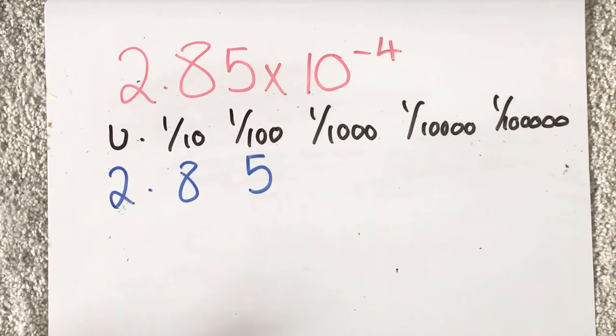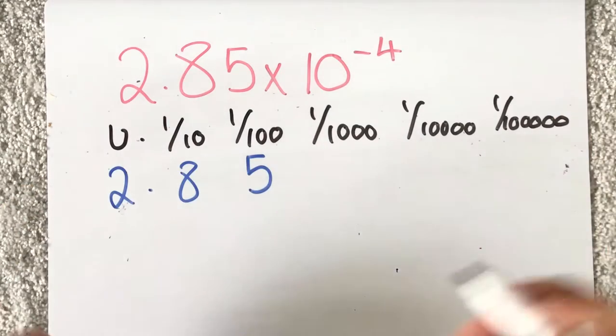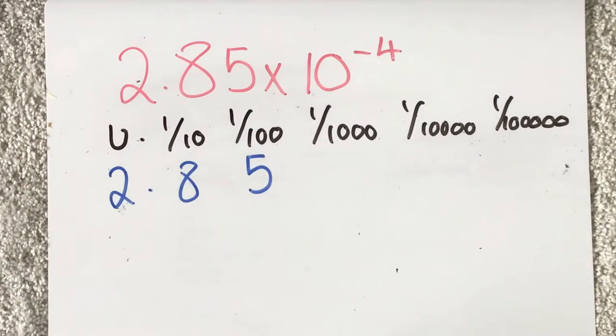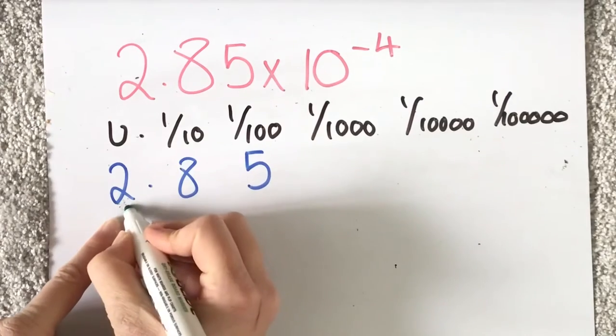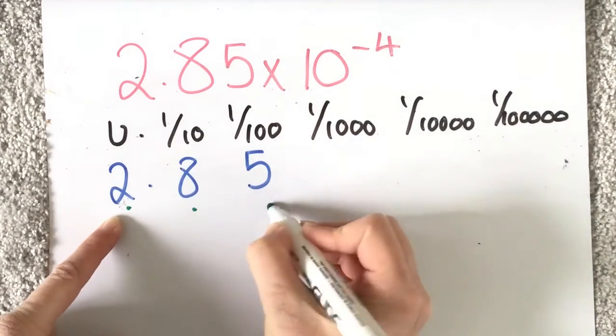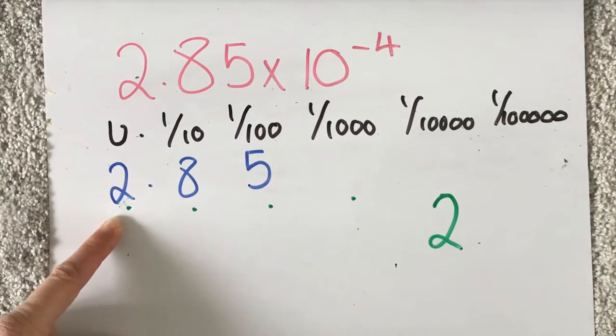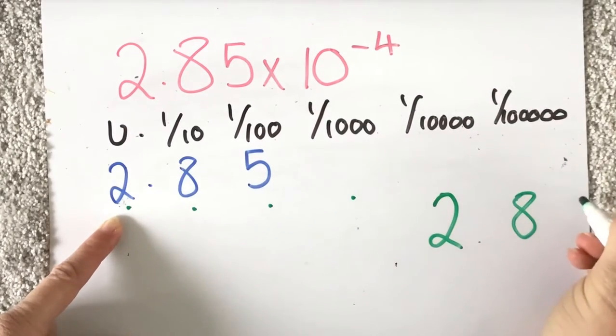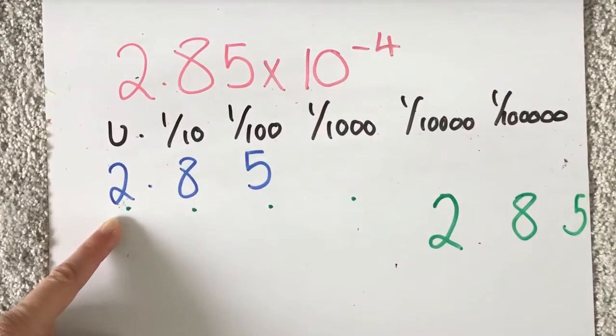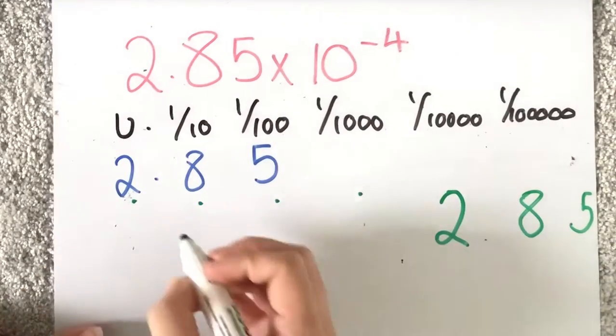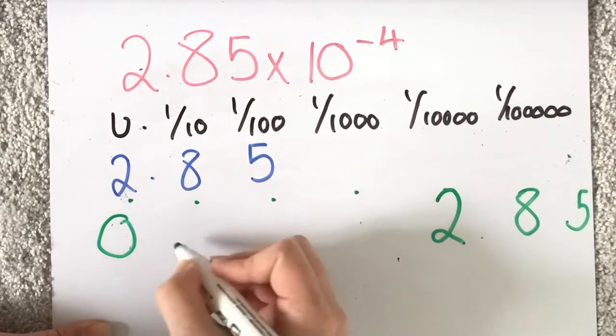I'm not even going to have enough space here, so think of what's going to happen. I could think of this and go 1, 2, 3, 4. So my 2 is going to end up there, which means my 8's going to end up there, which means my 5's going to end up there. Then all I've got to do is put my zeros in place.